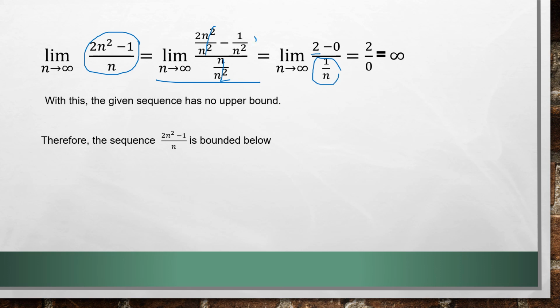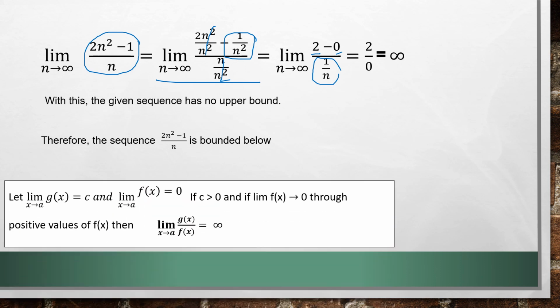Based on the theorem, 1 over n squared is 0. And so we have 2 over 0. Based on a given theorem as well, the limit of 2 over 0 as n approaches positive infinity is equal to positive infinity.